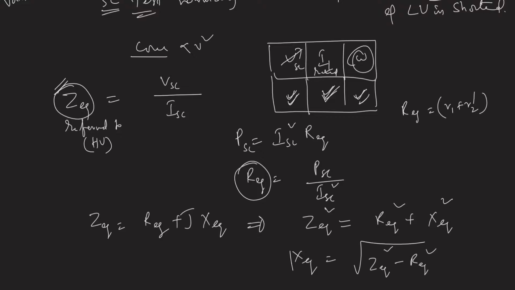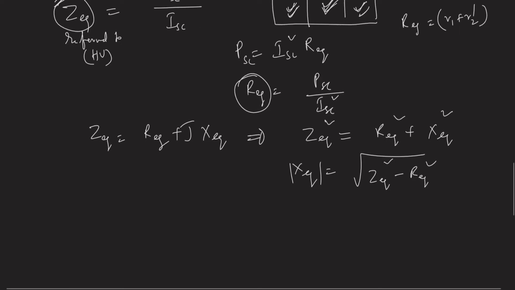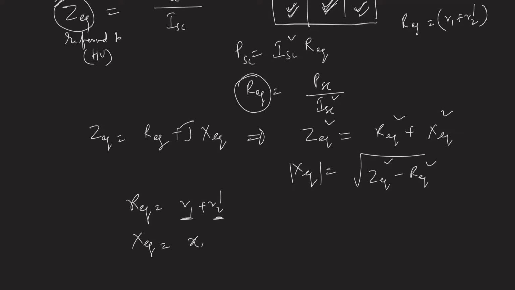So we can get the magnitude of the reactance, but we don't know the actual components. R equivalent is R1 plus R2 dash; we cannot segregate these two. Together we got it. Similarly, X equivalent is X1 plus X2 dash.